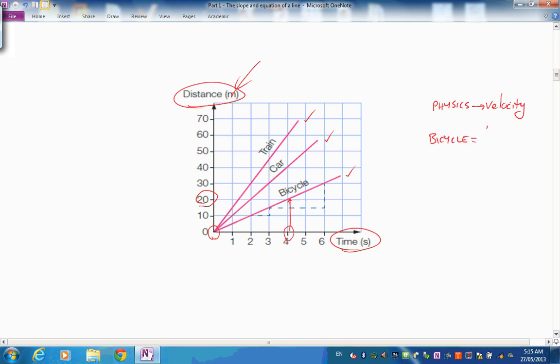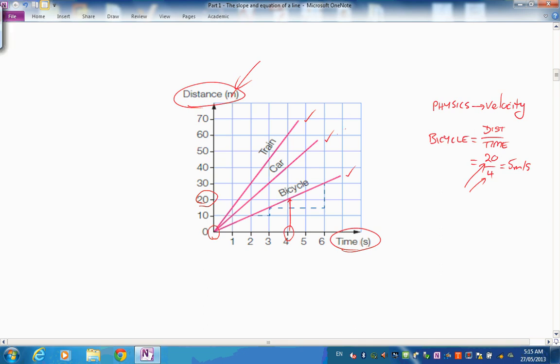It would be the distance over time, 20 over 4, which is 5, it's in seconds, 5 metres per second. Oh, I see, yeah. So this is a slope, isn't it? It's a y step over an x step, but it's a contextual situation where the y step is actually distance and the x step is time.